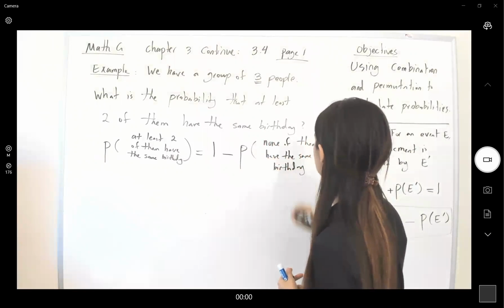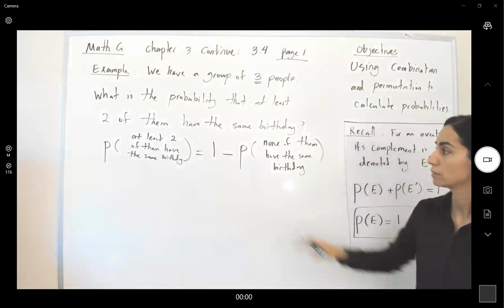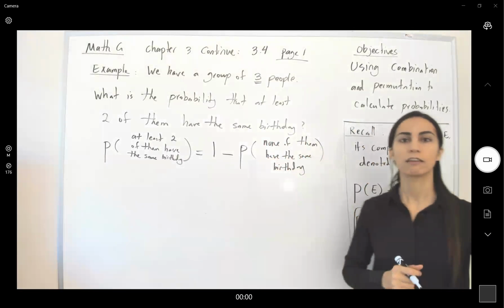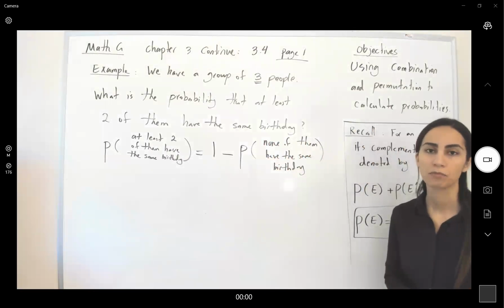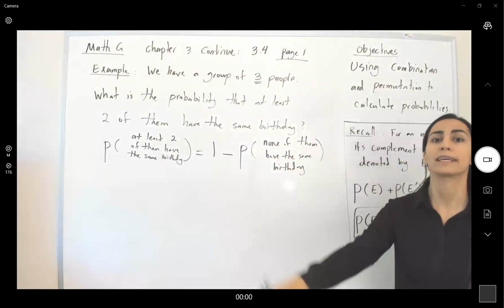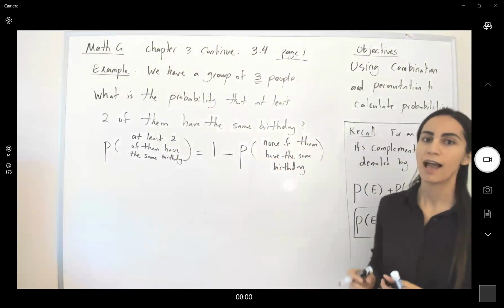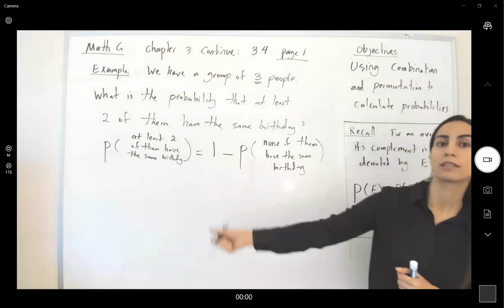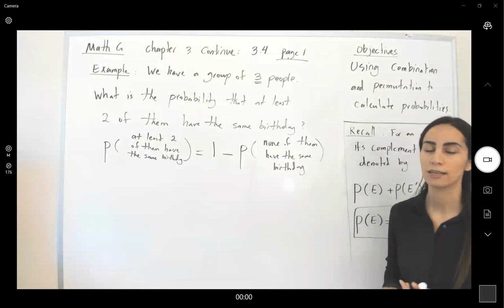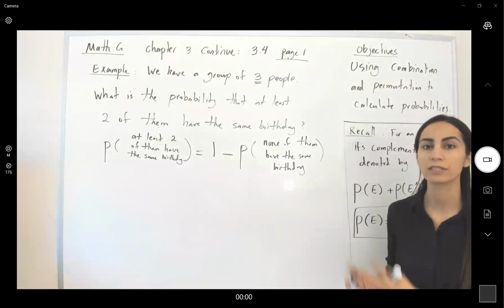It means that the first person you select has a birthday, the second person you select has a different birthday, and the third person also has a different birthday.